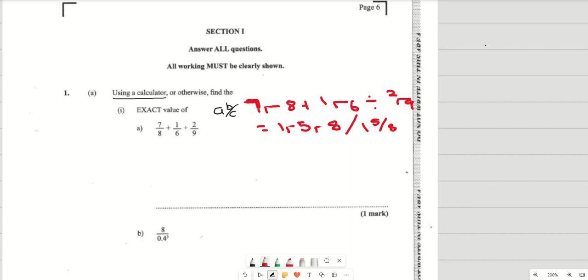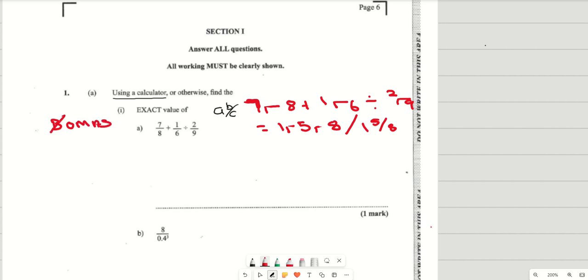Now, this is one way. If you want to do it manually, again, the first thing that you need to remember is when there's a combination of operations, that is multiplication, division, addition, subtraction, you need to follow BODMAS.